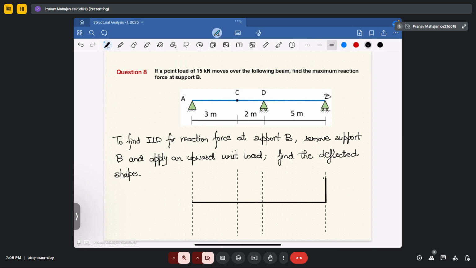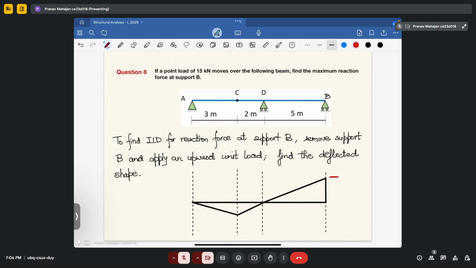Okay, so if this is 0, how it will look like this, and it will continue till point C, because there is internal hinge there. Now again you can see that the shear force at point A will also be 0. Then it will continue like this. Fine. So this is how your profile will look like.